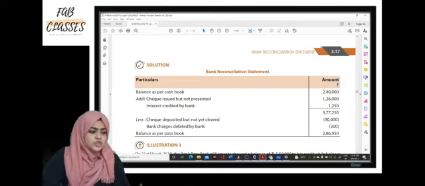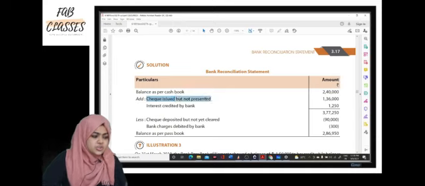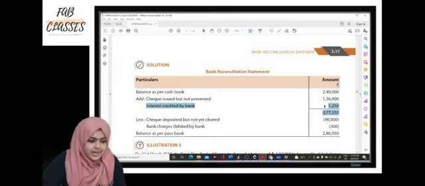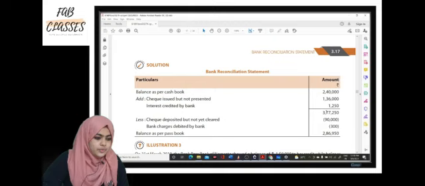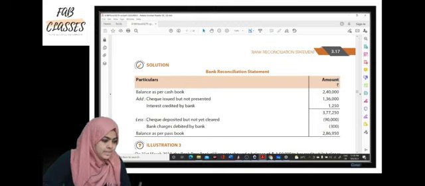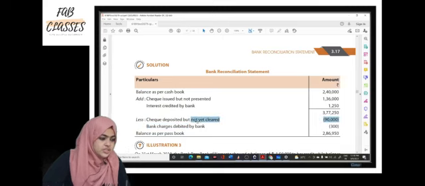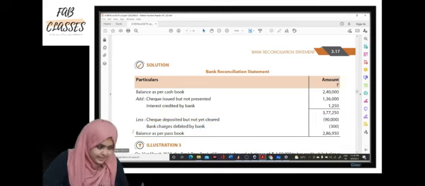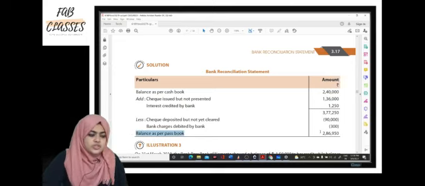They have started with balance as per cash book, 2,40,000, cheque issued but not presented, 1,36,000, interest credited by bank, 1,250, total 3,77,250. Then less: cheque deposited but not yet cleared and bank charges, 90,000 and 300, and then at last they reach the balance as per passbook.